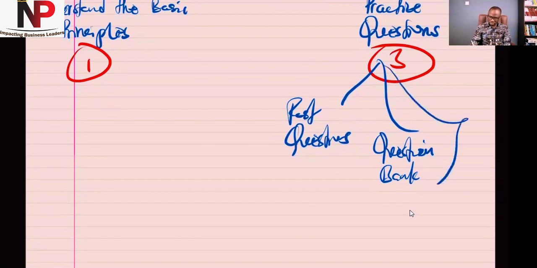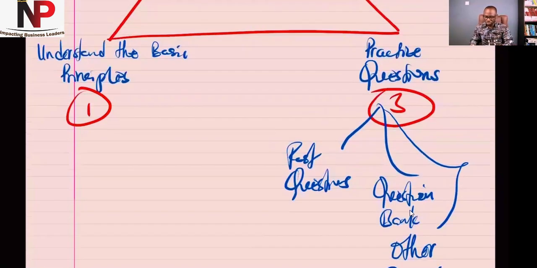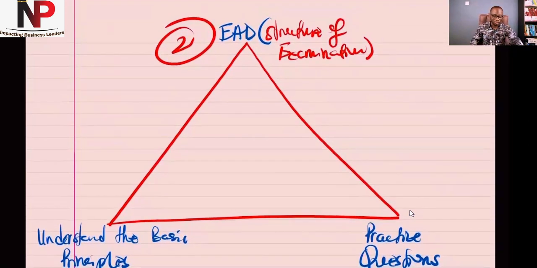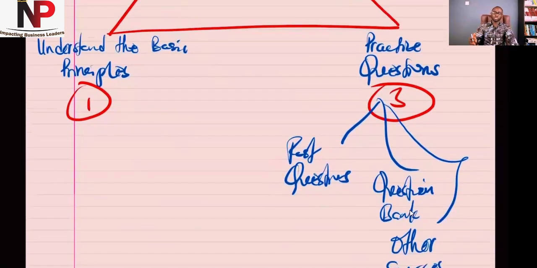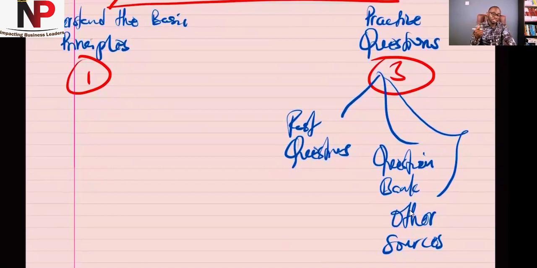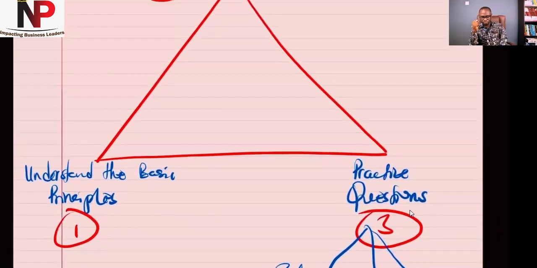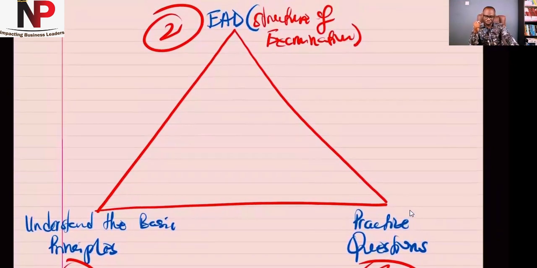Then you can get questions from other sources, such as ACCA, relating to the topics that you are doing. You need to expose yourself to as many questions as possible so that you can really position yourself to actually pass the exam.